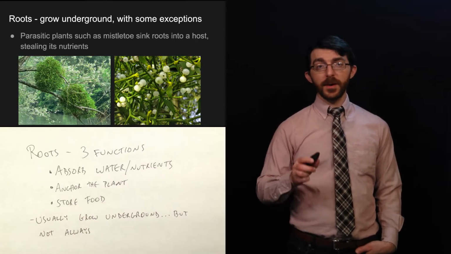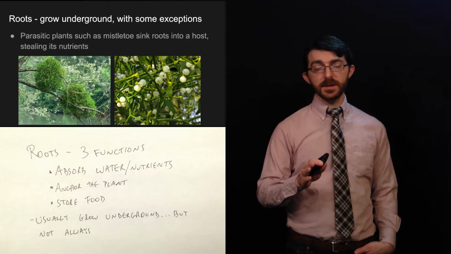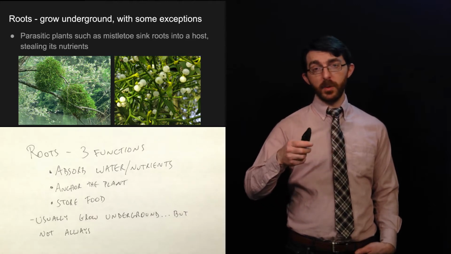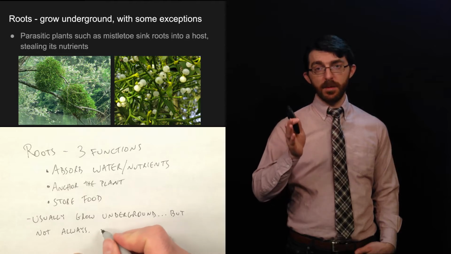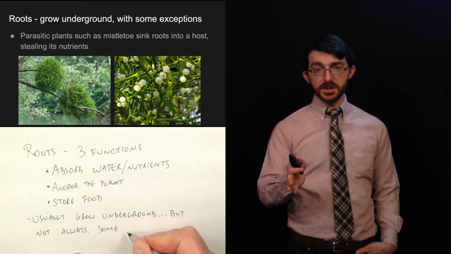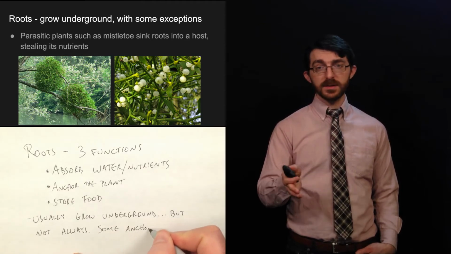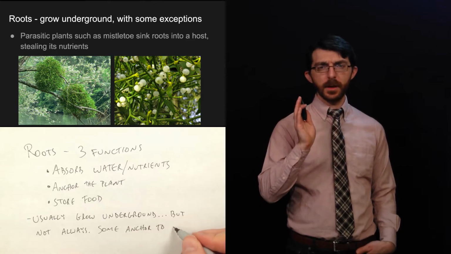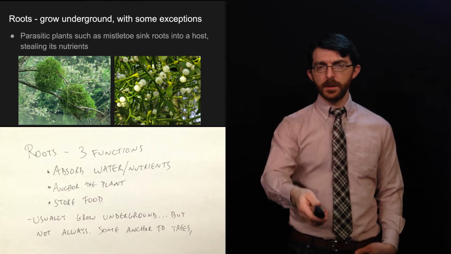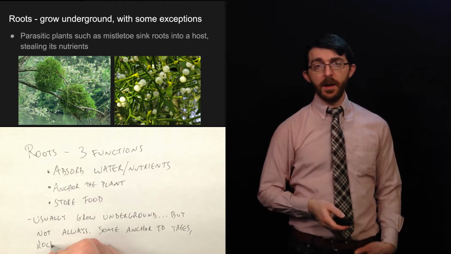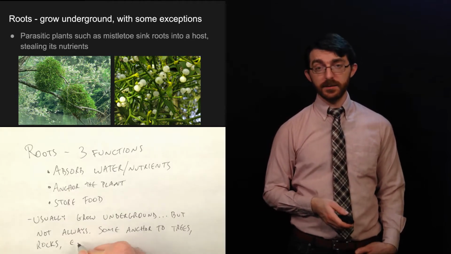Now, we talked about parasites back when we were doing fungi. Parasitism is one form of symbiotic relationship, along with commensalism and mutualism. If you remember, a parasite benefits at the expense of its host, actually harming its host. There are parasitic plants. Did you know that?